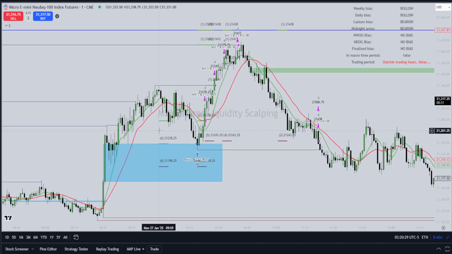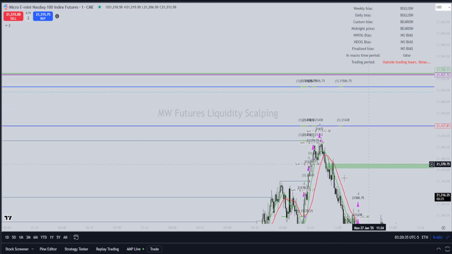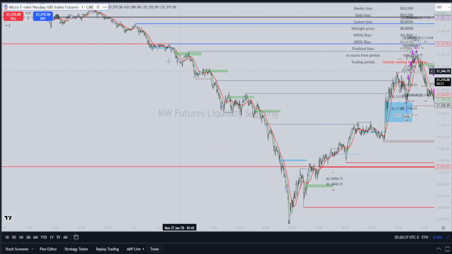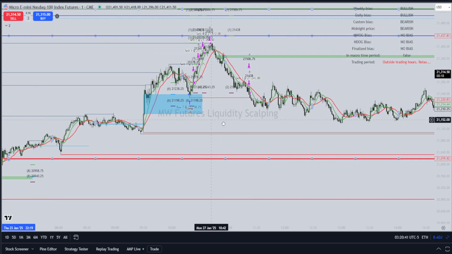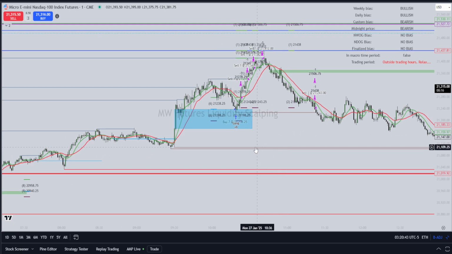So this is a case study of January the 27th on Monday, a day where big tech dropped a lot overnight due to the DeepSeek release, and it gave us a very large opening range gap of around 600 to 700 handles.